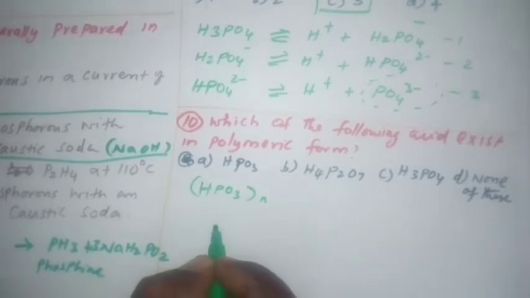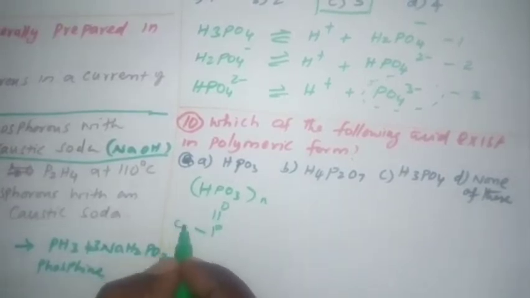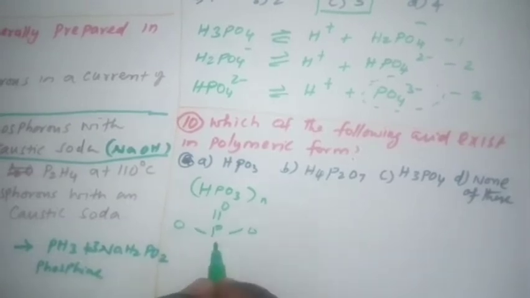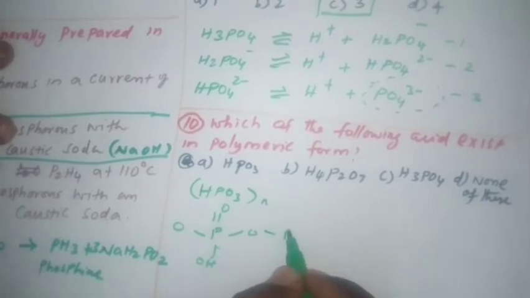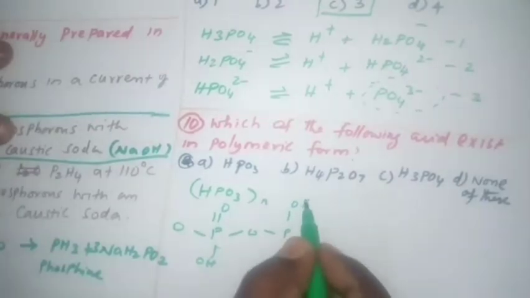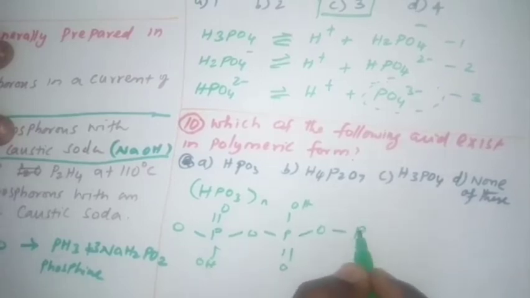See, phosphorus, double bond O, here oxygen, then OH. Then again phosphorus, OH, and it will come on the opposite side. Here double bond O, and here oxygen, then again phosphorus.